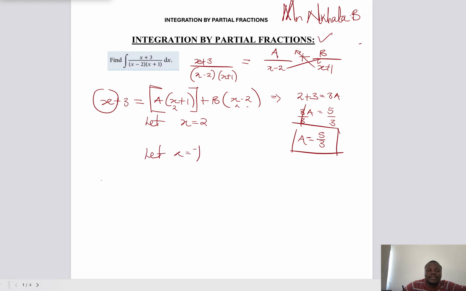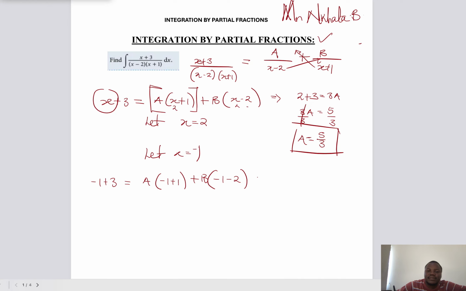If we do that, it implies that negative 1 plus 3 equals A times (negative 1 plus 1), because we are substituting negative 1 where there is x, plus B times (negative 1 minus 2).